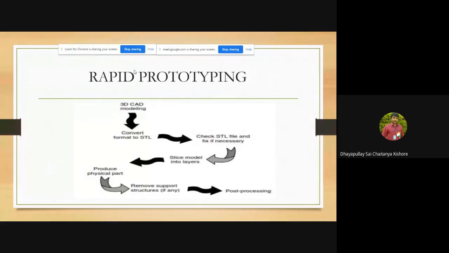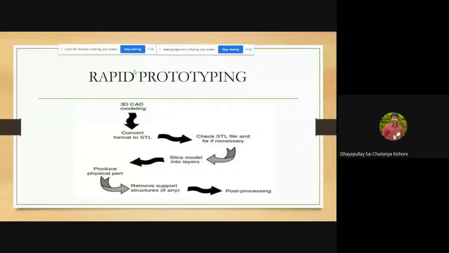After that, slicing the model into layers. Whatever desired thickness you want, 0.2 mm or 0.4 mm, you have to specify the layer thickness. So you are slicing the model into layers, giving the input regarding the layers.